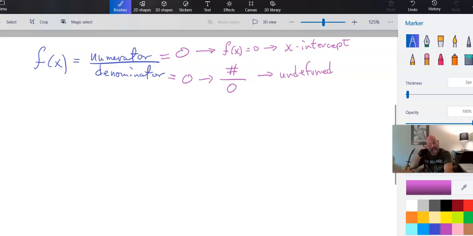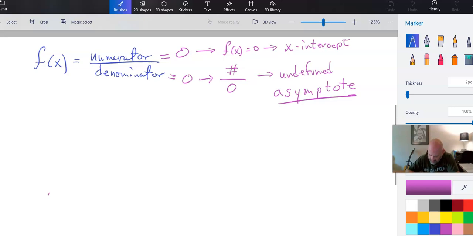And if I'm getting an undefined quantity, what you get is an asymptote. I'm going to spell this out because it's not spelled the way it sounds. So, what an asymptote is, and at least in this case, all of our asymptotes are going to be lines, but they don't always have to be lines.